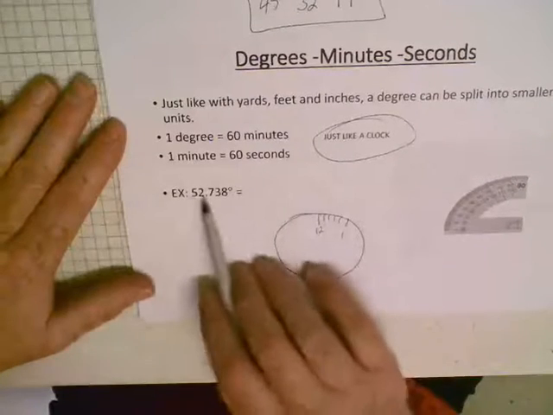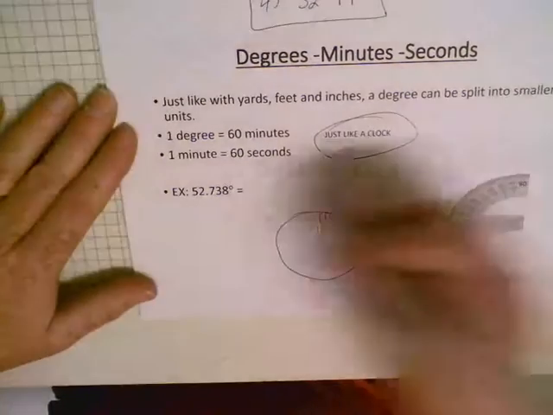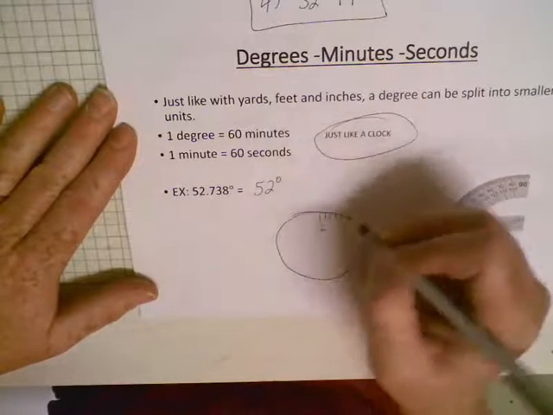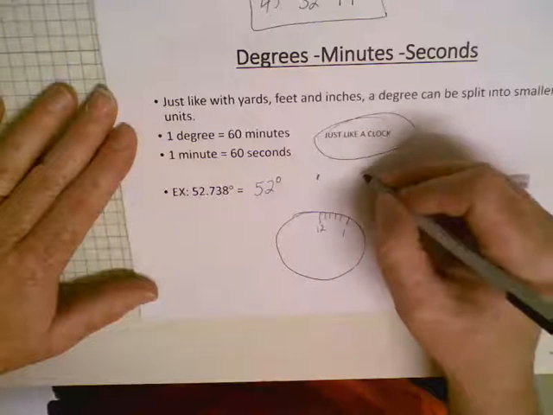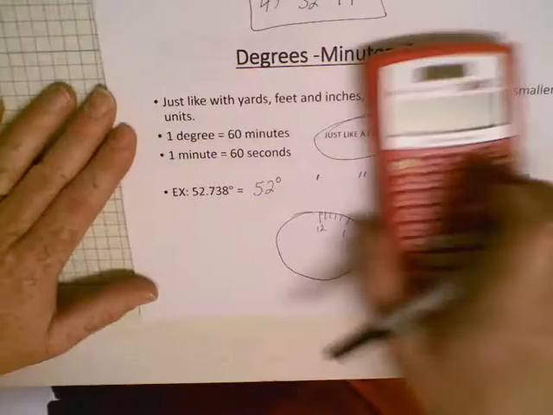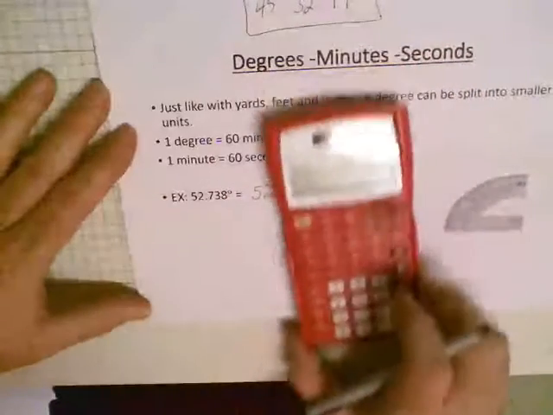So if I wanted to change this into degrees, minutes, and seconds, the 52 is your degrees. That's going to stay the same. The minutes and the seconds, what you're going to have to do is take your calculator. I'm going to use this one. And you take the decimal part.